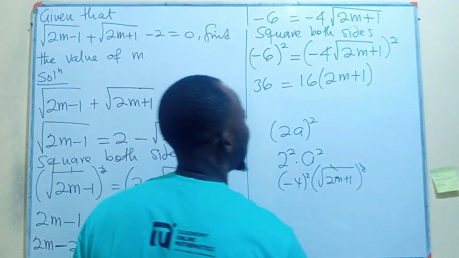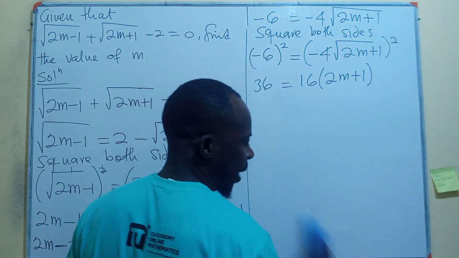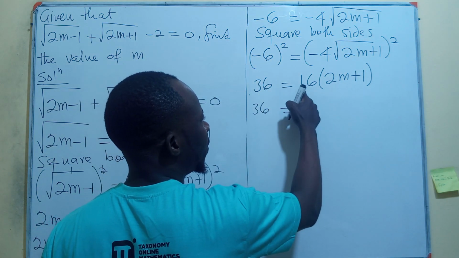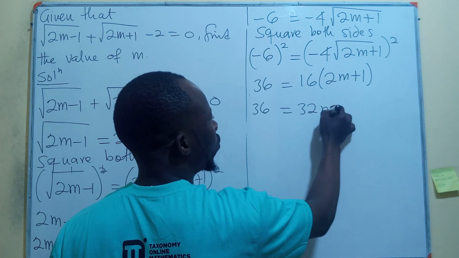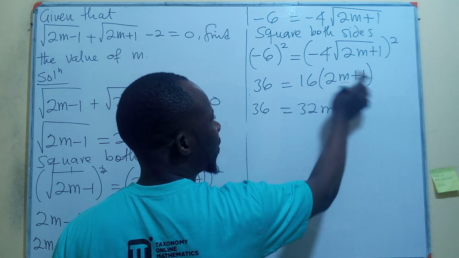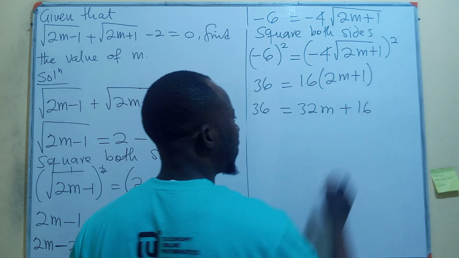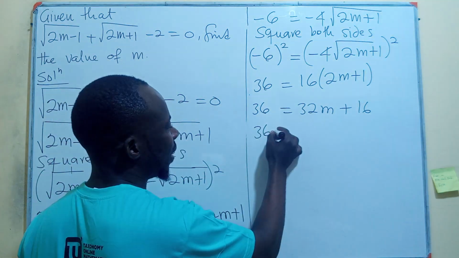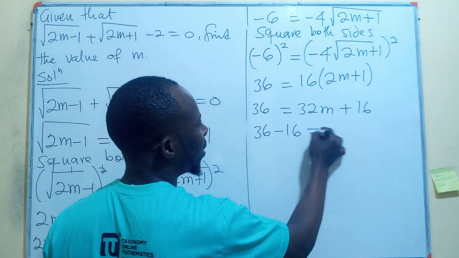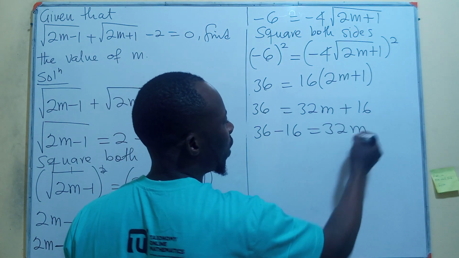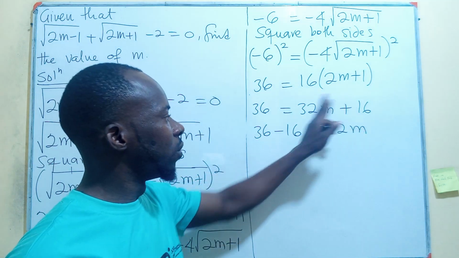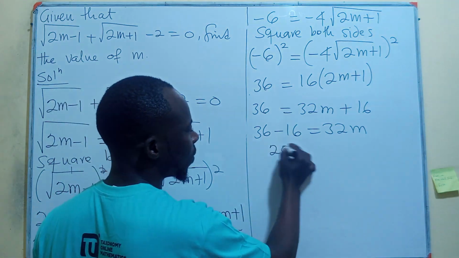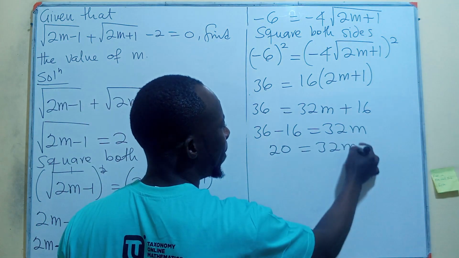So now we can expand the last term. 36 equals 16 times 2, 32m, and 16 times 1 will be 16. Let's group like terms to have 36 minus 16 equals 32m. This is positive, so it becomes negative on the left hand side. This will give us 20 equals 32m.